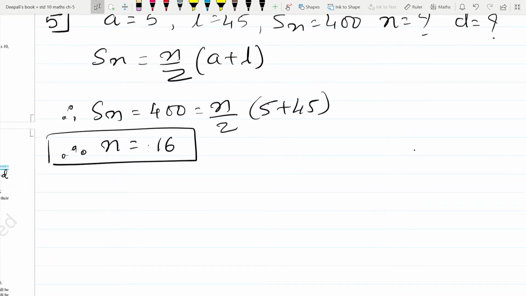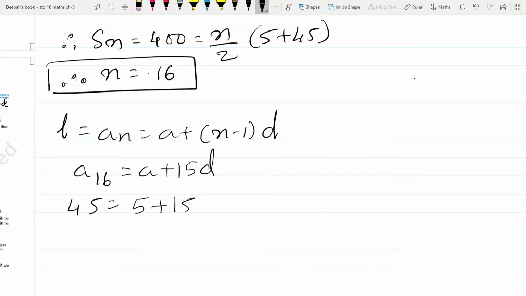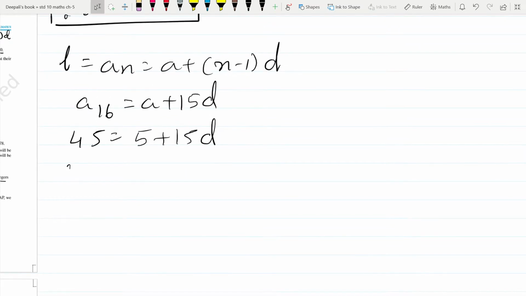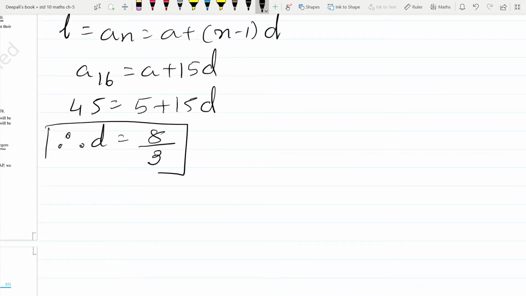Now we have the formula L is equal to An is equal to A plus n minus 1 into d, or I can use any other formula which will give me d. So I get A16 is equal to A plus 15d. So 45 is equal to 5 plus 15d. Therefore, d is equal to 8 upon 3. That is the required answer.